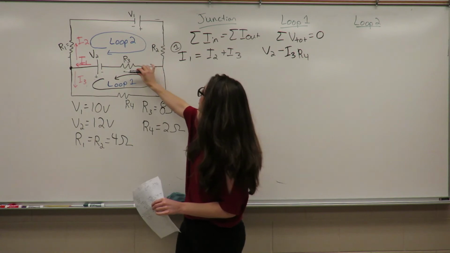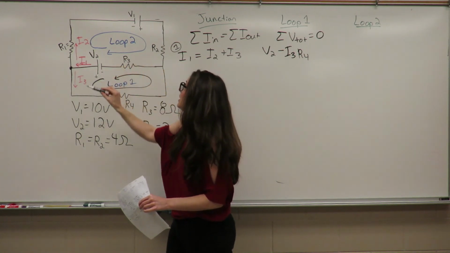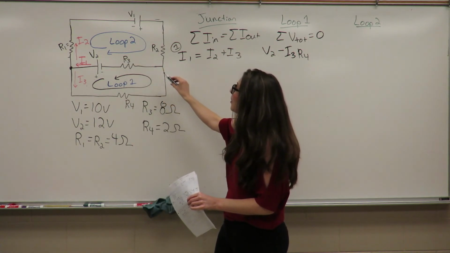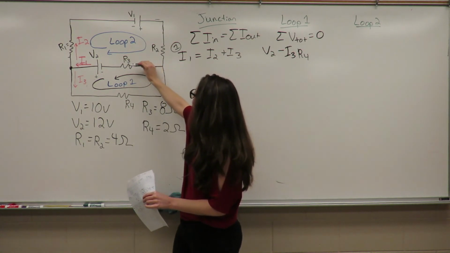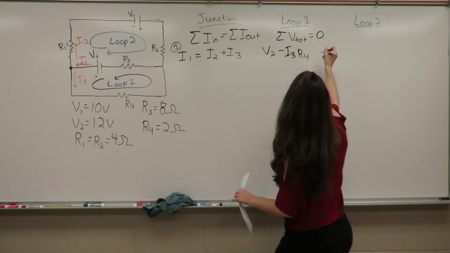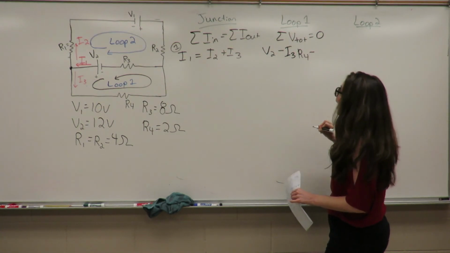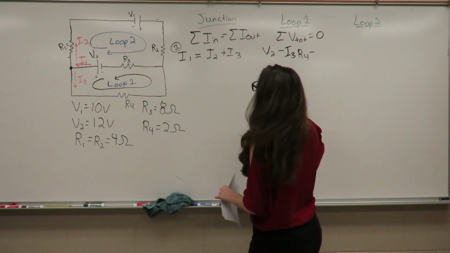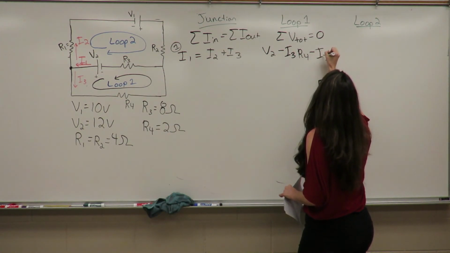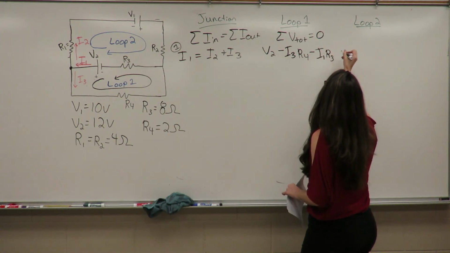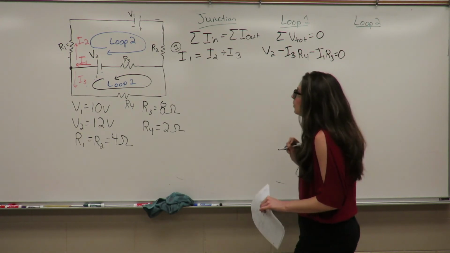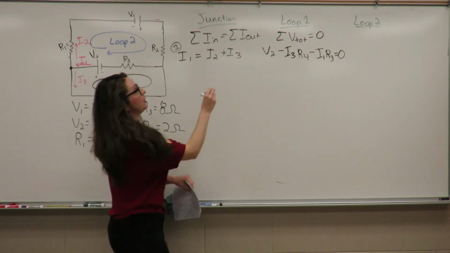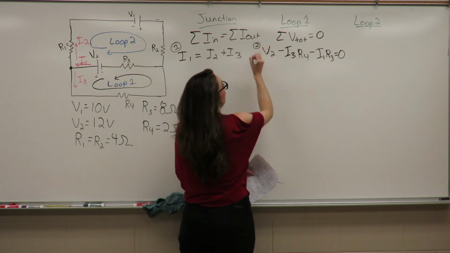And as I move through resistor 3, I'm again decreasing my potential. What I'm calling current 1 is running through resistor 3. So I'm going to represent that potential decrease drop across here as minus I1 R3. And that all has to equal 0. And that is what I'm going to refer to as my second equation.